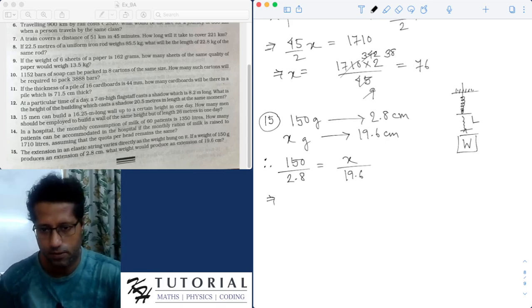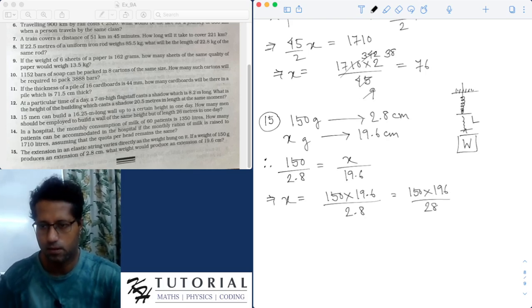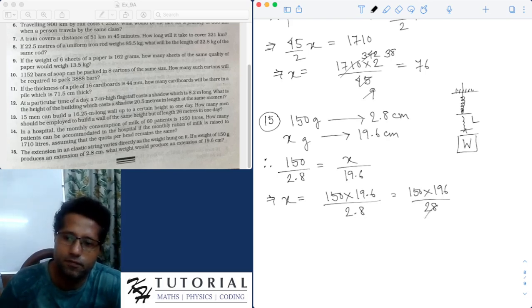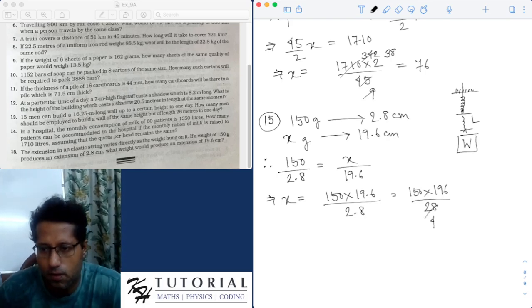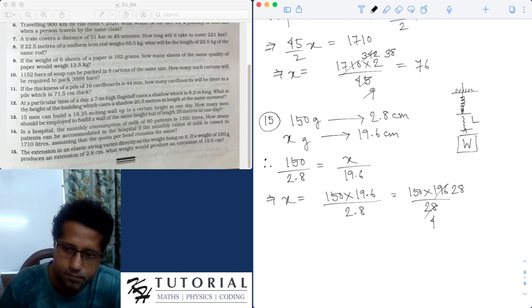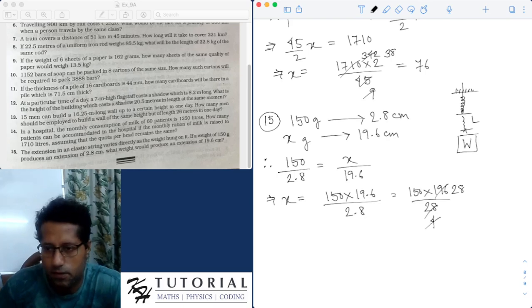From here we can say X equals 150 multiplied by 19.6 divided by 2.8. This is 150 multiplied by 196 divided by 28. 7 divides 28 with 4, and 28 again divides with 7.